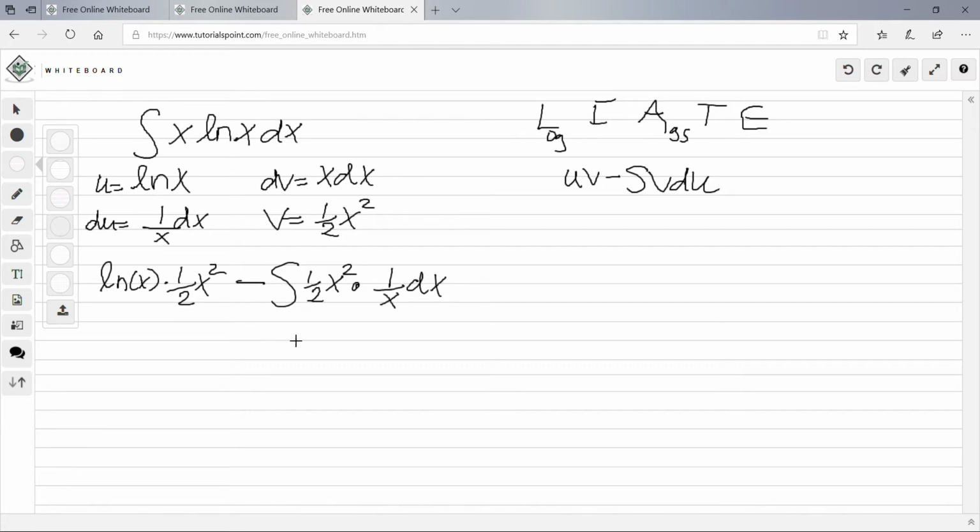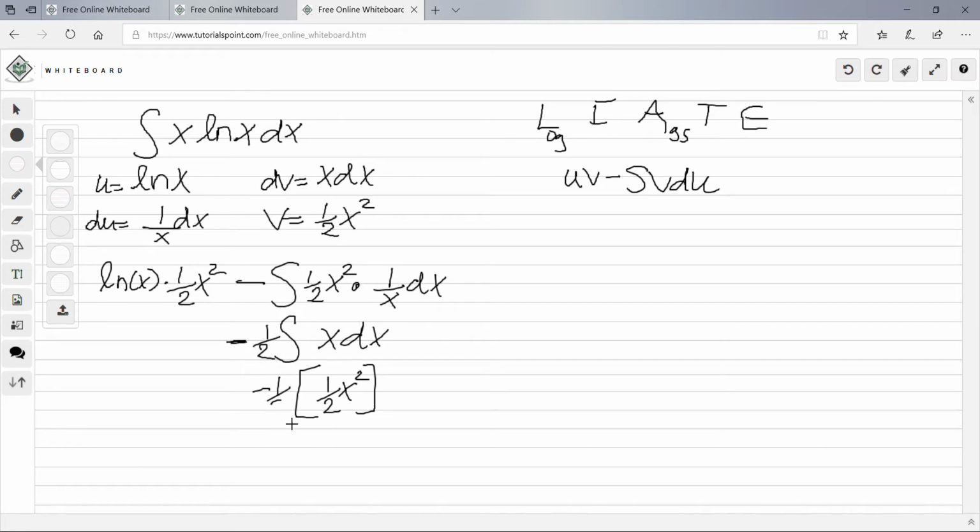Let me clean this up. So this should be, we have a 1/2, so it's a constant, so I'll put it in front. And then x squared over x is just x dx. And we know that the integral of x is 1/2 x squared, so it's 1/2 x squared. Then also don't forget this negative 1/2, right?